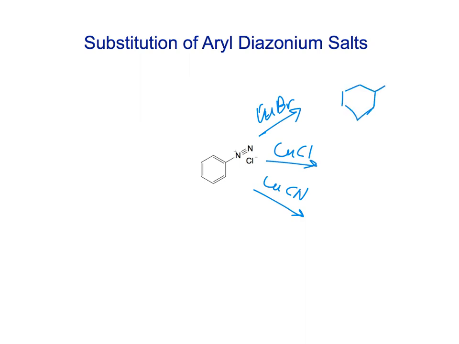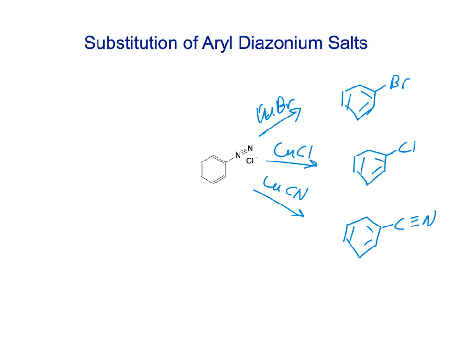So this is another way. We already know how to do a bromination, so if we're just doing it in this sense right here, it doesn't seem to offer a huge advantage. But I'll show you there are some things that it allows us to do. We can put the chloride, we can actually put a nitrile on the ring in this way.